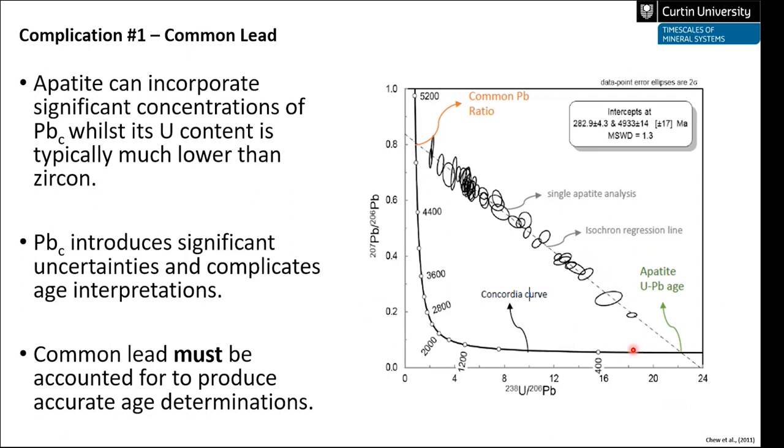And common lead introduces significant uncertainties, and it does complicate our age interpretations. So the presence of undetected and especially uncorrected common lead is very detrimental to uranium lead dating, and you must correct and account for it. In other words, you have to subtract common lead from the time significant radiogenic lead portion in your analysis.